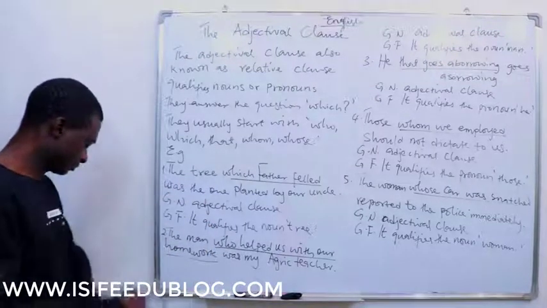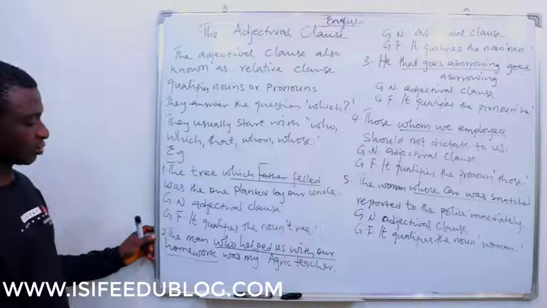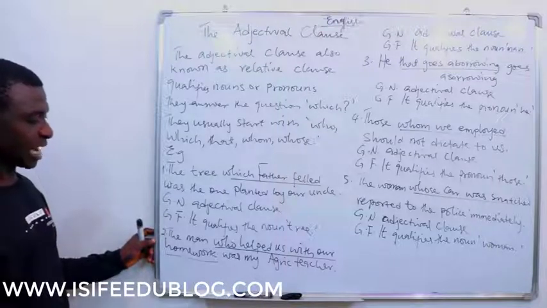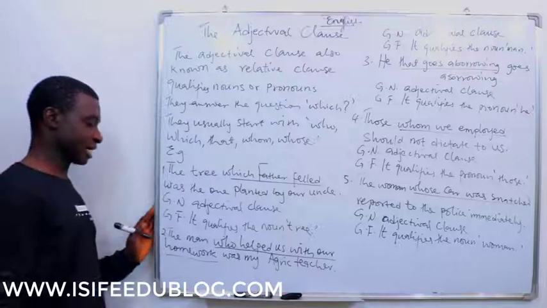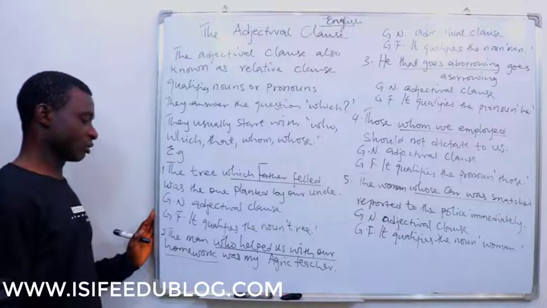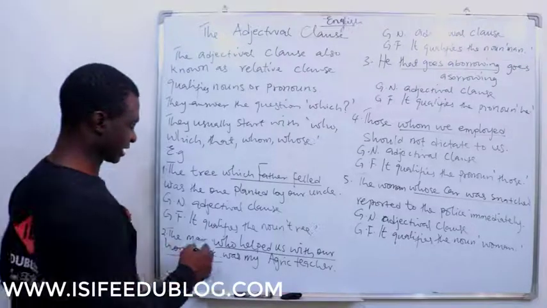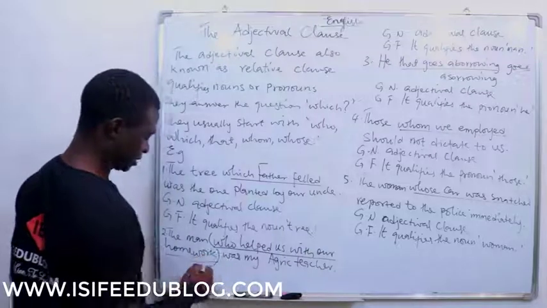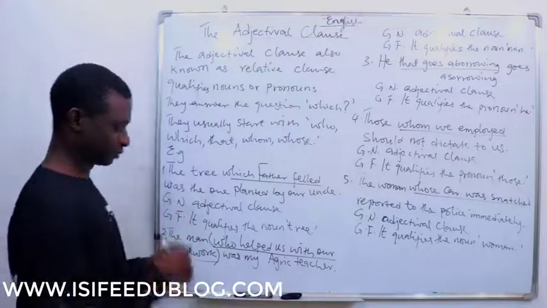Second example. The man who helped us with our homework was my Agric teacher. If we cut up the sentence this way, we'll have the man was my Agric teacher.